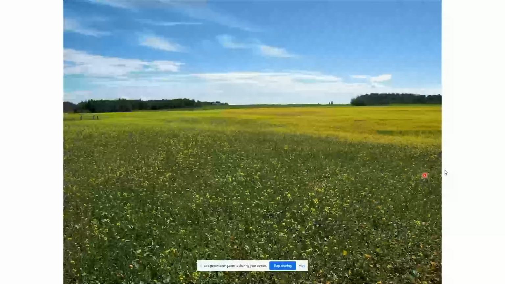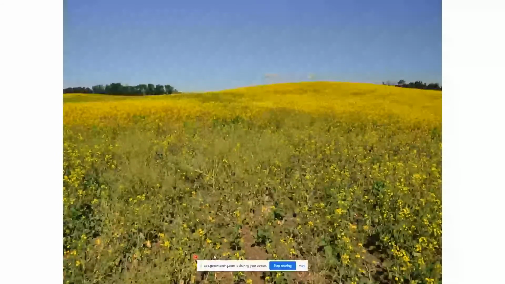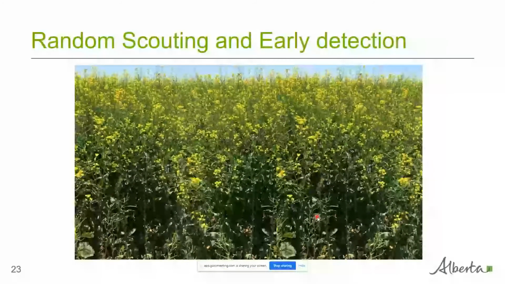So that's an example of a real line across the field where you can see above ground symptoms. Here's another one on the side of a hill where you just have a lot of weeds and bare ground showing. That's because the plants are dying due to a lot of clubroot damage and disease on the roots. Okay, so random scouting and early detection is an important part of what I'm talking about here.